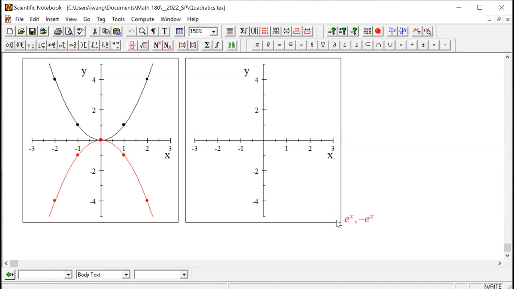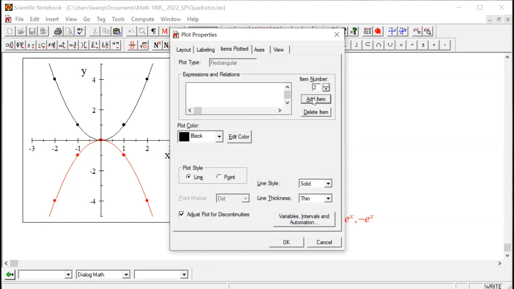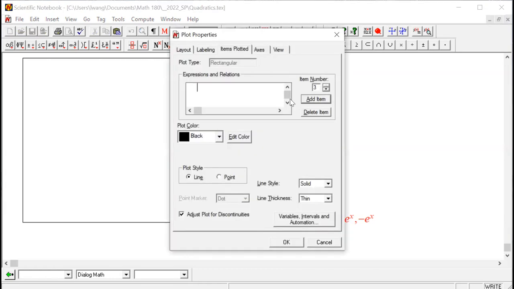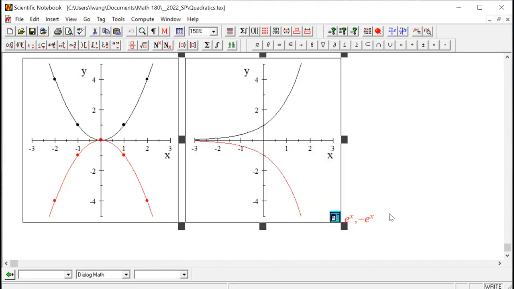This is e to the power x, right there. What is -e to the power x? Red, flipped over. So you can see this phenomenon is not unique to x squared.